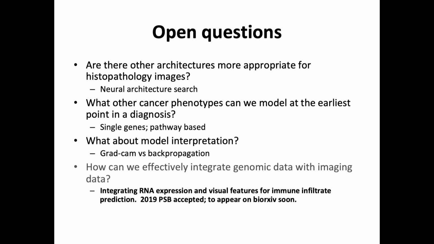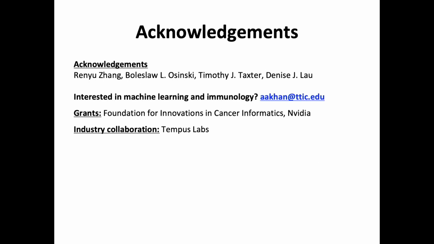Everything we're using these days is still based on work that's been done using ImageNet data. Can we look at other types of phenotypes, not just specific mutations or collections of mutations, but perhaps networks? And then model interpretation. There are still questions about the best way to look at interpretation, not through the lens of what has happened in ImageNet, but maybe through pathology. All right, I'll end there, and happy to talk afterwards.